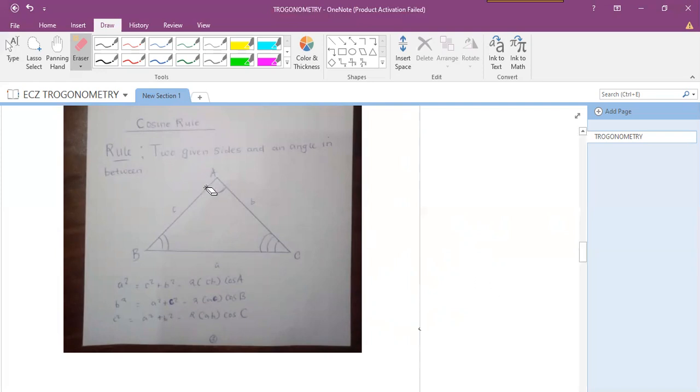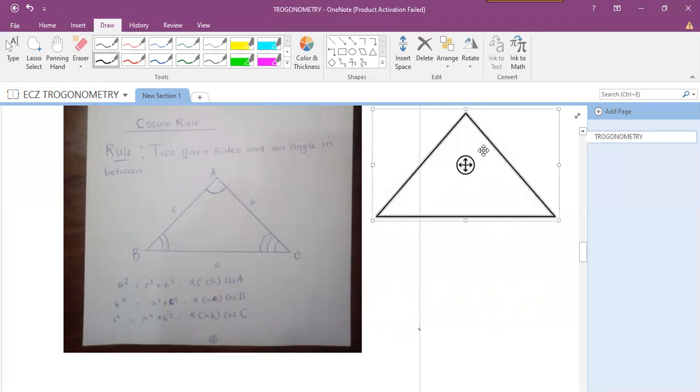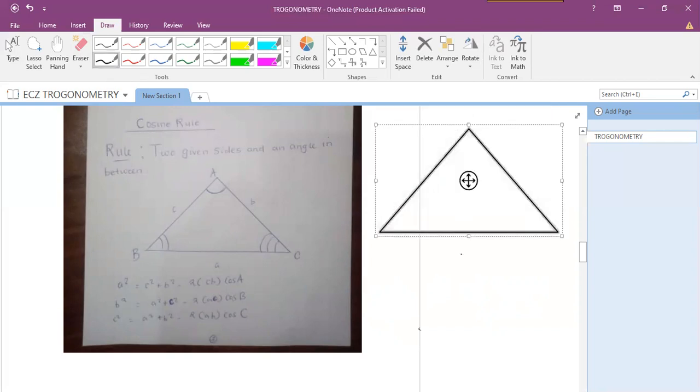All right, so let's go back to the cosine rule. Let me insert a triangle. So we're going to start with how you are going to identify whether to use the cosine rule in the exam.